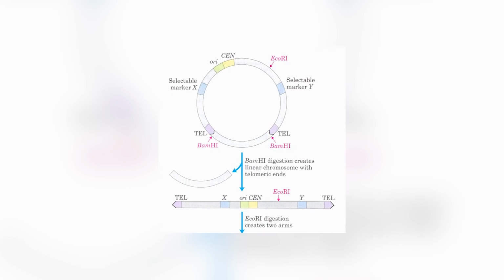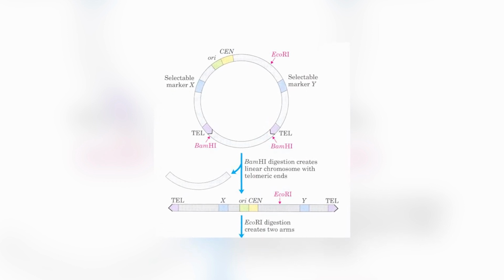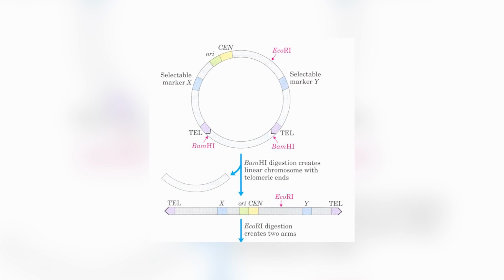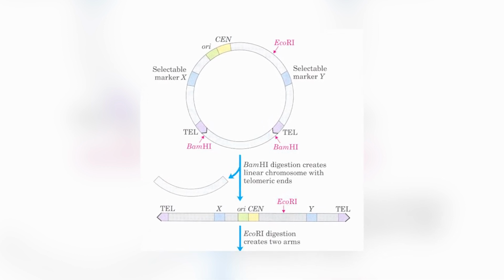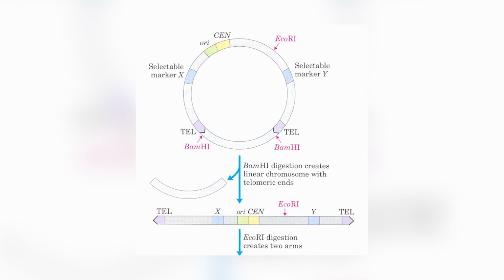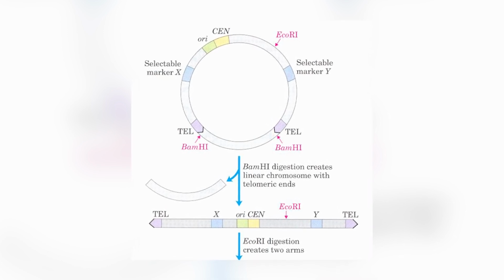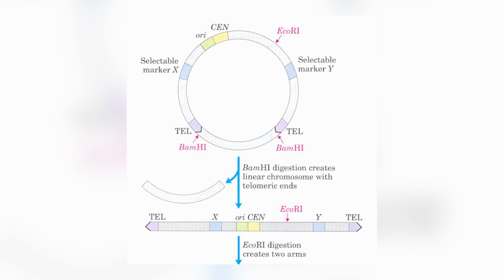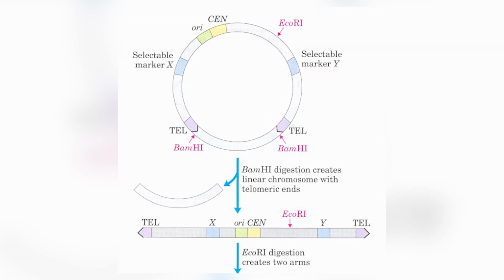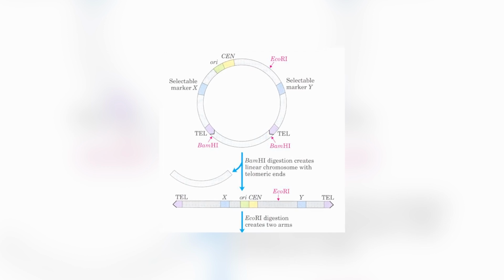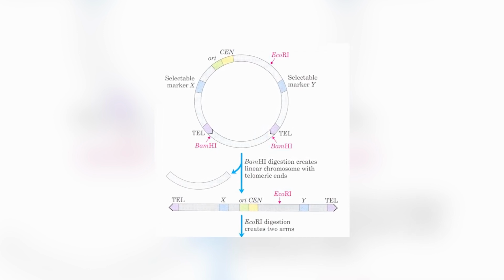You have the BamHI sites, EcoRI sites, the selectable marker, and the centromeric region, all present. When you use one of the enzymes, like BamHI, to digest this artificial chromosome, which is circular in form, it becomes linearized and creates 3 arms.